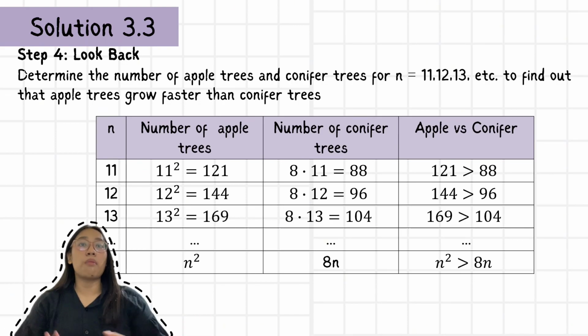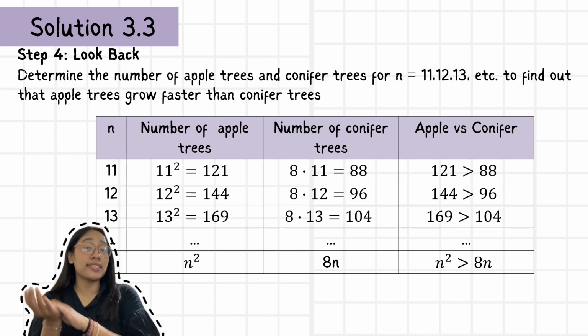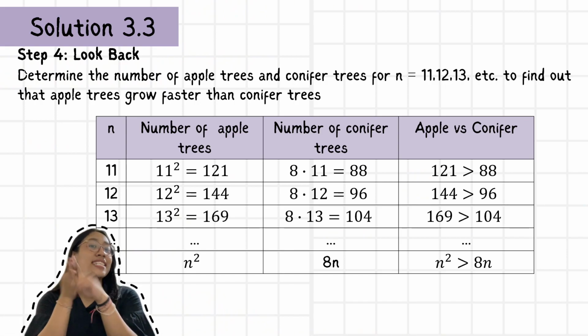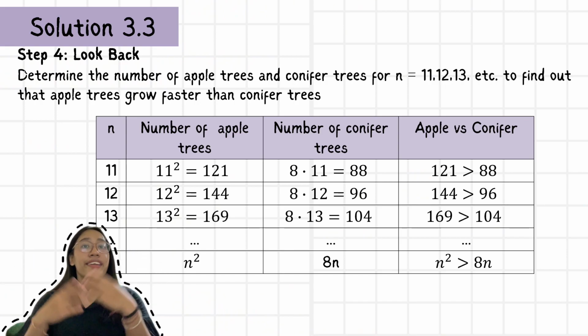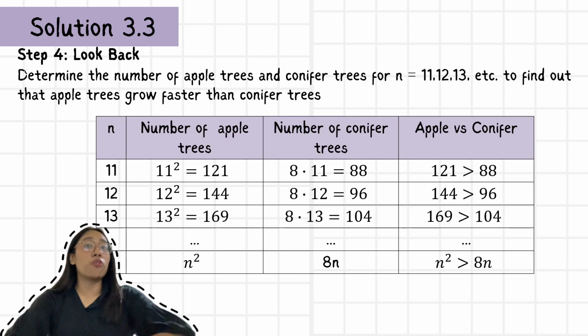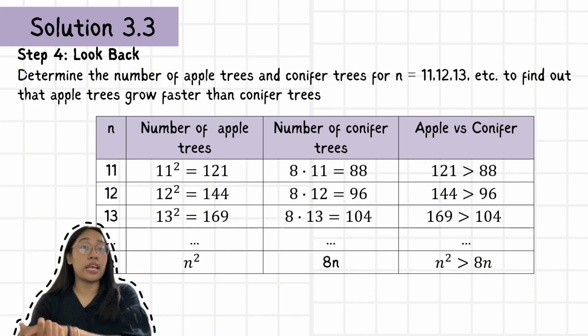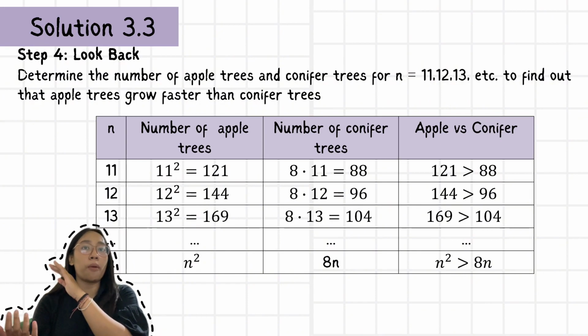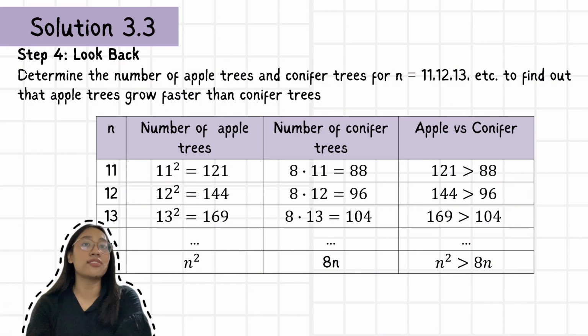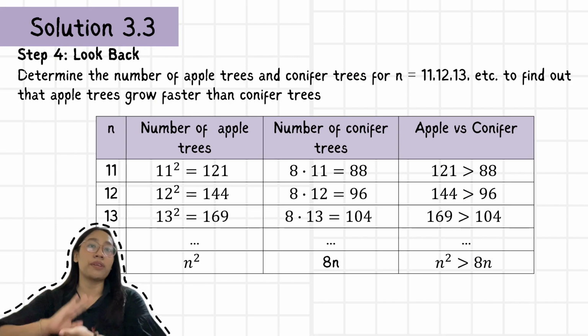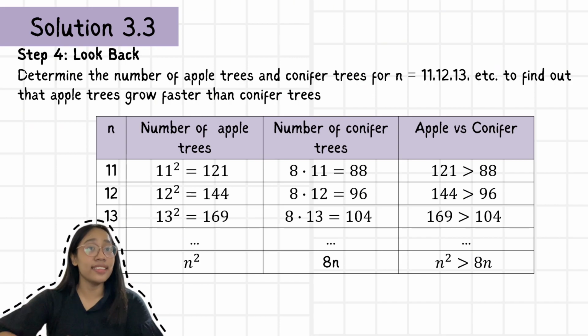Please determine the number of apple trees and conifer trees for n is equal to 11, 12, 13, and etc. to find out that apple trees grow faster than conifer trees. So for n is equal to 11, we get the number of apple trees is equal to 121, and then the number of conifer trees is equal to 88.